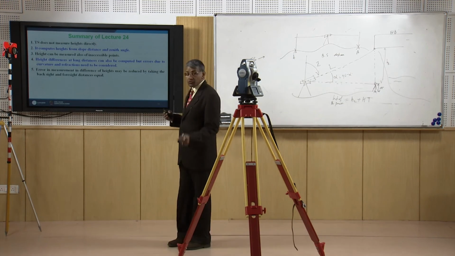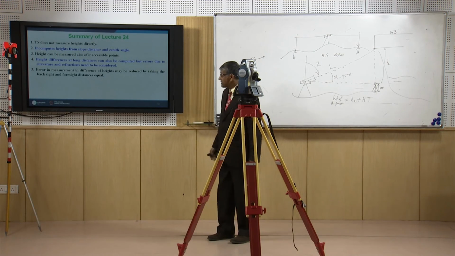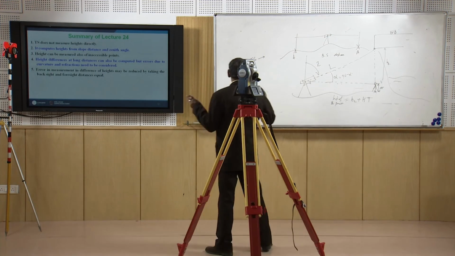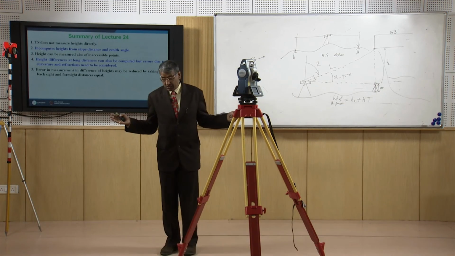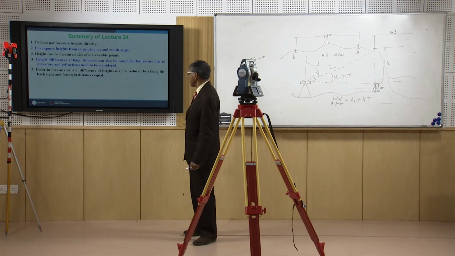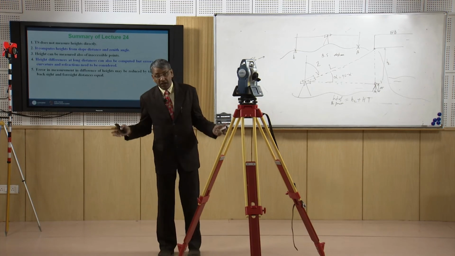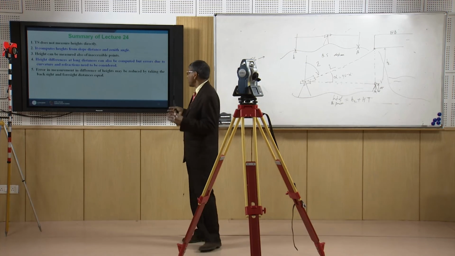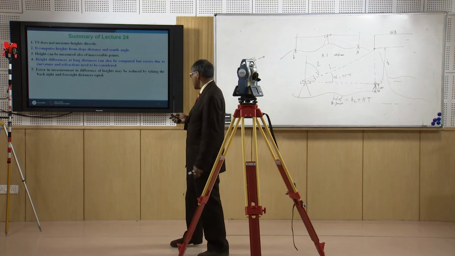Height can also be measured for inaccessible points, and for height differences between two points at long distances we should apply the error due to curvature and refraction. The error in measurement of height difference between two points can be reduced by taking the backside and foreside distances equal.